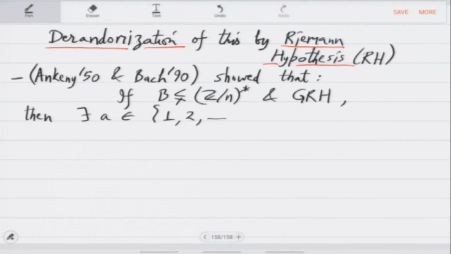One, two, up to 2 log square n. There exists a small a which is not in B.